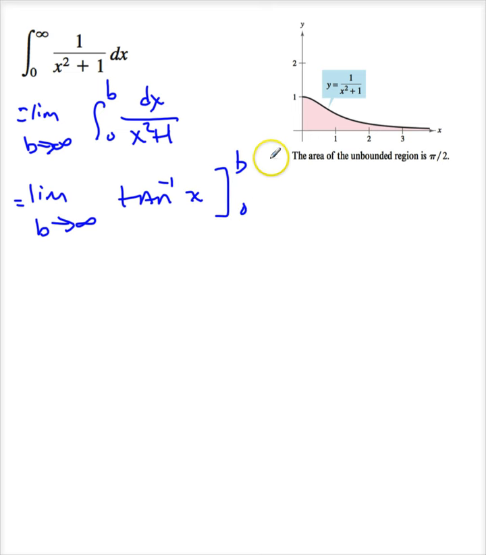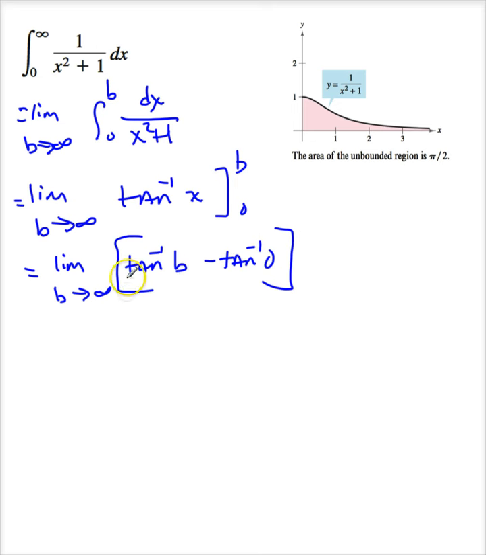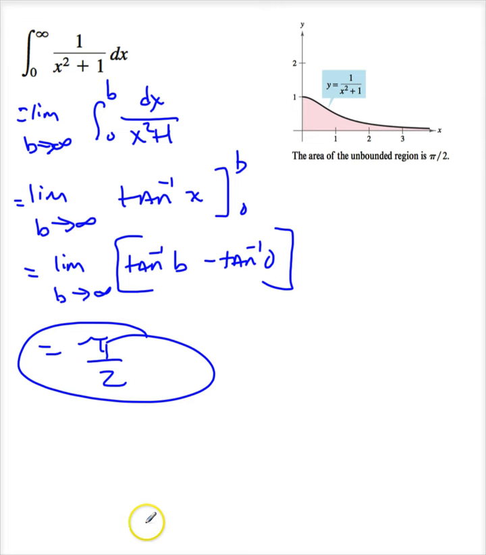Now, this becomes the limit as b approaches infinity of the arctan of b minus the arctan of 0. So that's 0. This term right here is pi over 2. You always take the first one, the principal one.